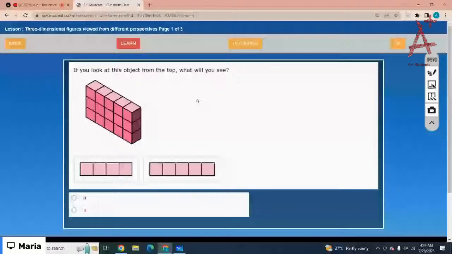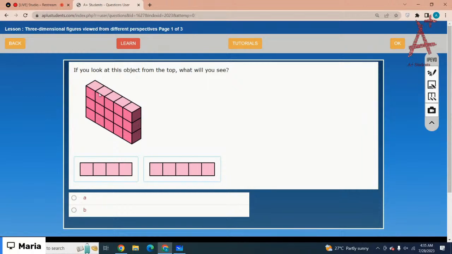If you look at this object from the top, what will you see? The correct option is, if you see from the top, you can see this face.